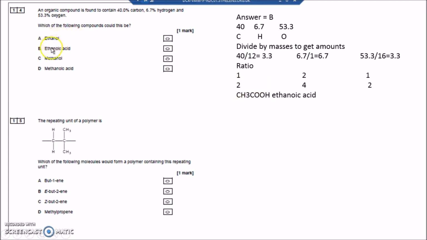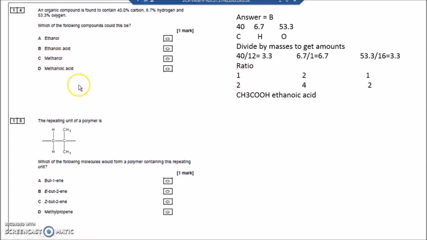Ethanol, well, it's got 2 carbons in it. Methanol is CH3OH, or CH4O. C1H2O doesn't match methanol.